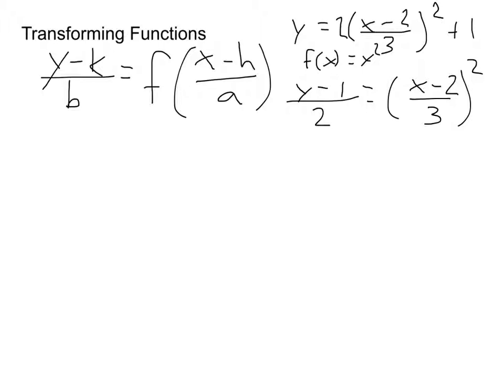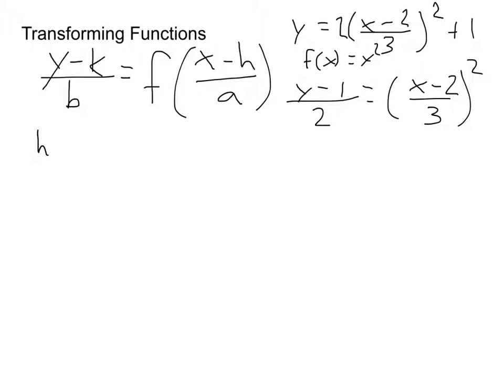So if we go back to this form, (y minus k) over b equals f of (x minus h) over a, I need to identify, well then what is h? Okay, h, it's with the x's, so it's going to be horizontal because x is horizontal.